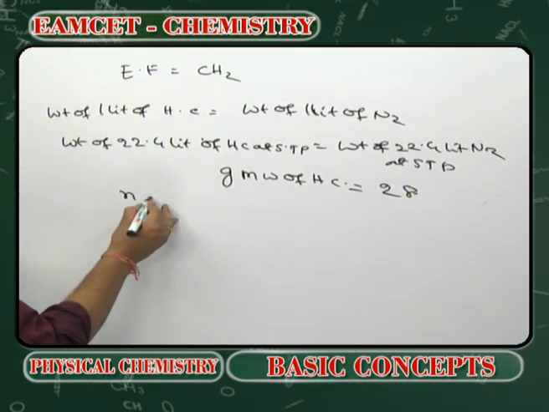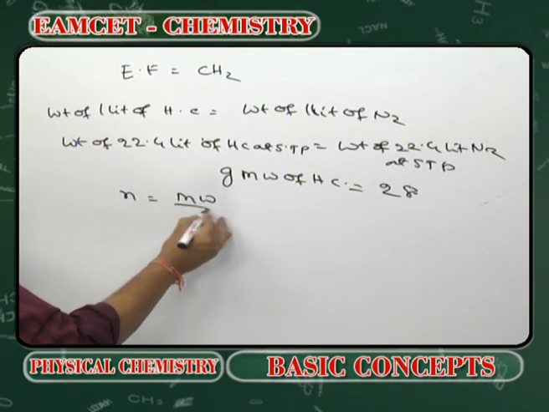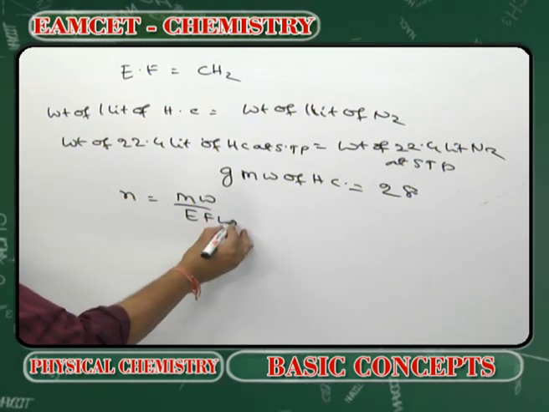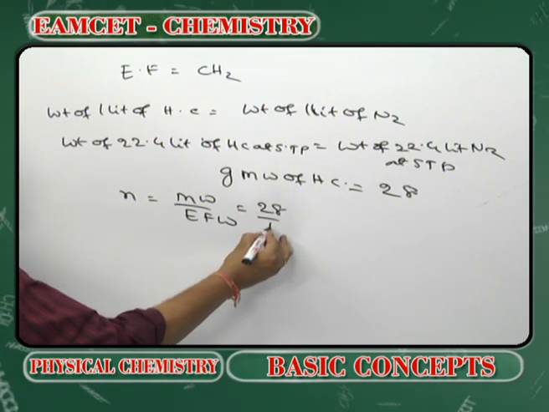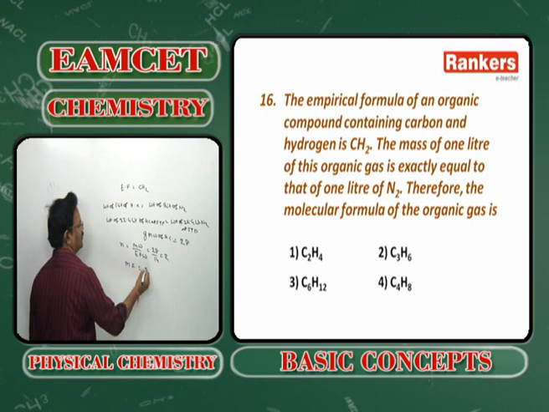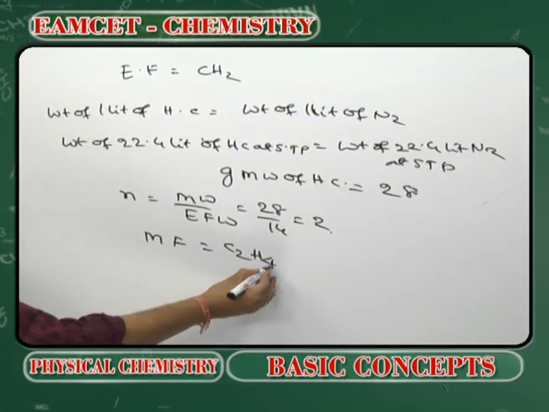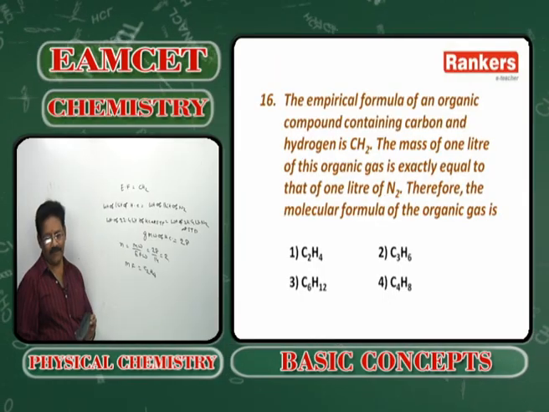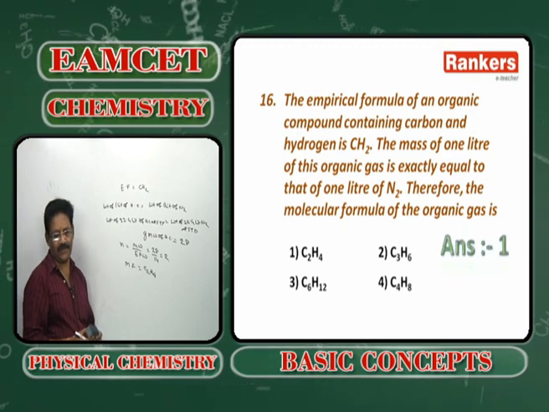Then n is equal to molecular weight by empirical formula weight. So 28 by 14 is 2, and molecular formula will be C2H4, option 1.